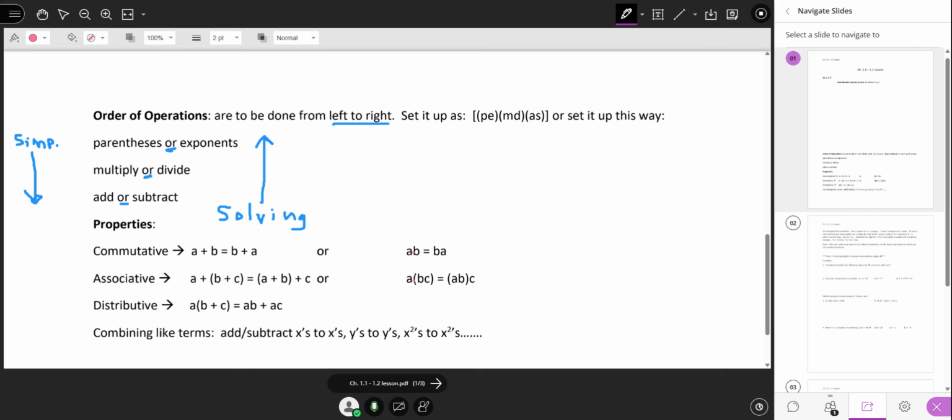When you've got something hugged up to itself, like 2 variables hugged up, or a number hugged up to a variable, or a letter or a number hugged up to a parenthesis, all of those imply multiply. Now, commutative and associative apply to both addition and multiplication. Distributive is the oddball out.